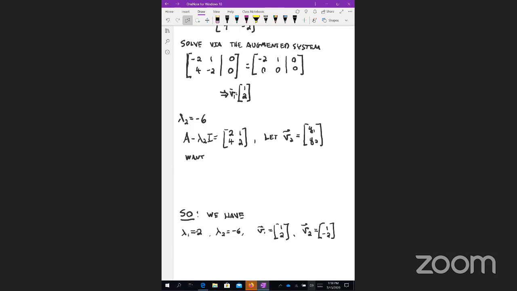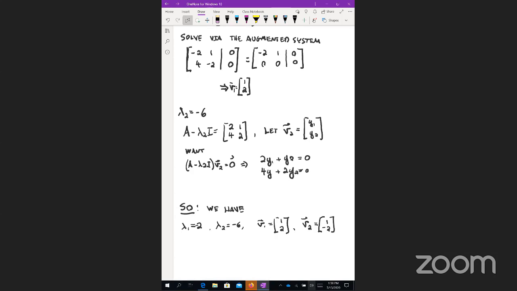Yeah, and thank you for asking. All independent and then get the dependent from the last equation. Yeah, no worries. So what we want here is A minus lambda 2 I times v2 equals 0. So the other way to say this is that we want to solve 2y1 plus y2 equals 0, this is secretly the 0 vector, or y1 plus 2y2 equals 0.